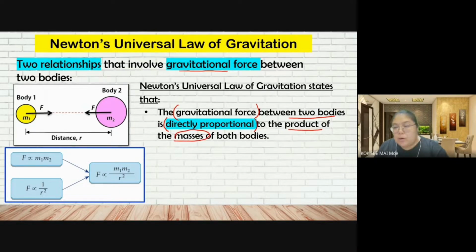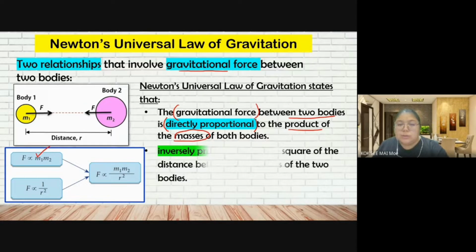You have two bodies, so you have two masses. Directly proportional means F, gravitational force, is directly proportional to M1 M2, the masses of body 1 and body 2.